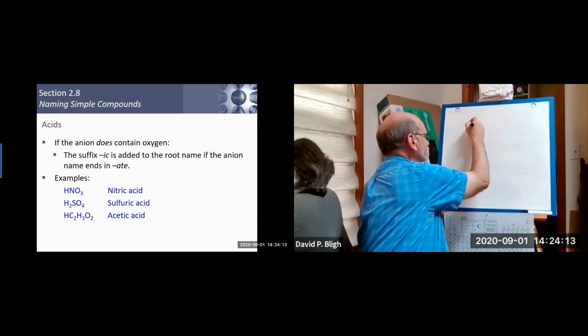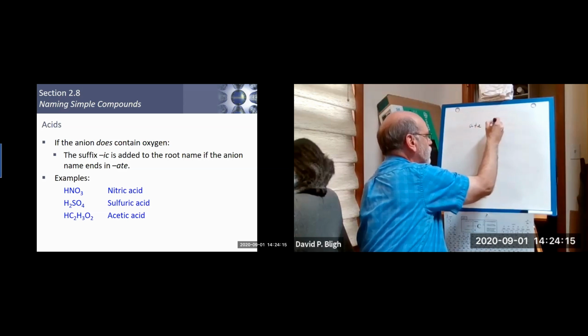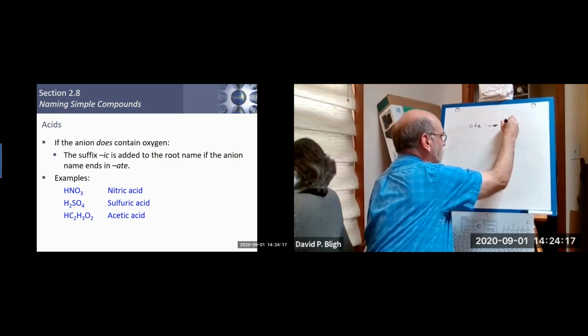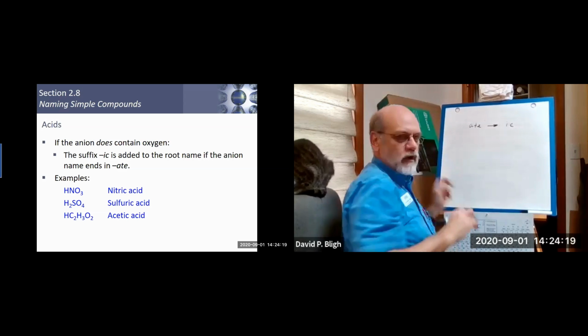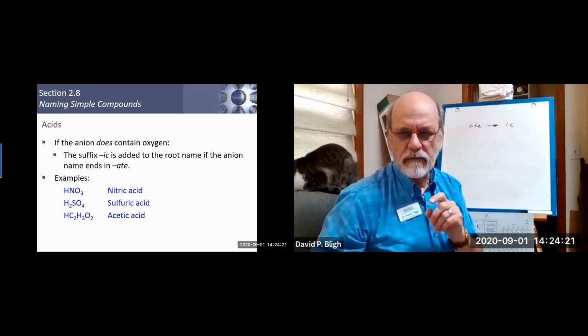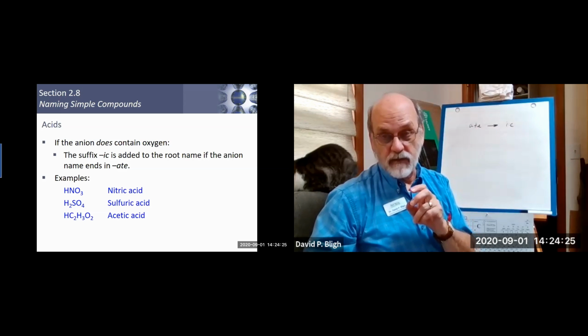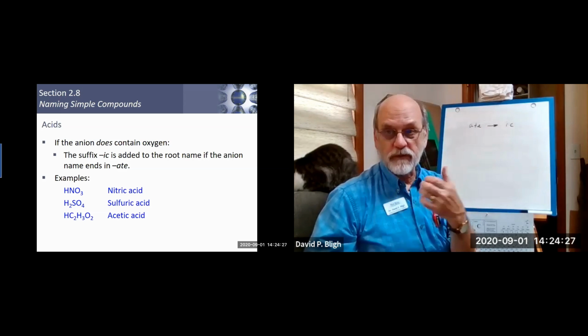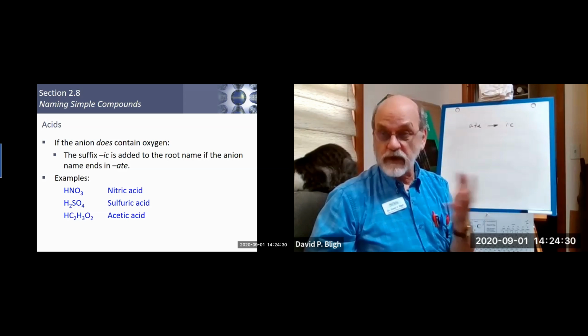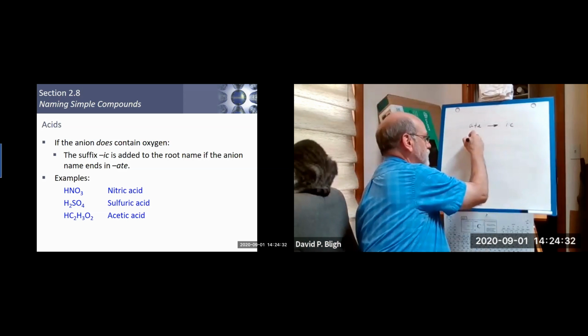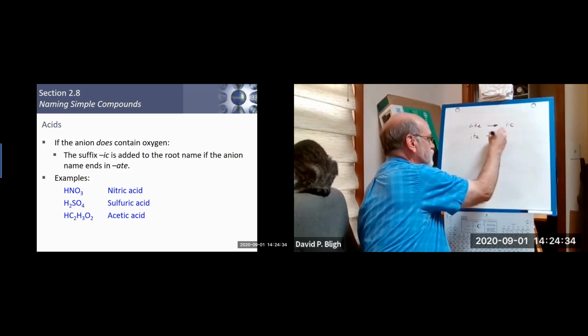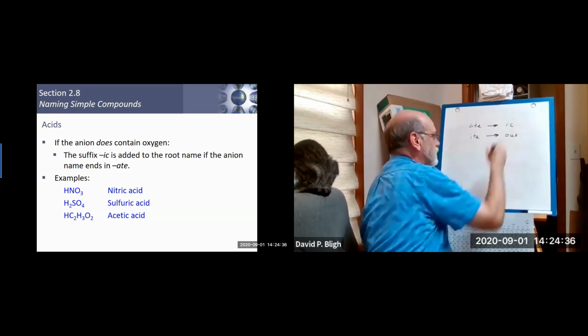So if ates become ics, okay, then what if you have a polyatomic that ends in ite? We do have some like that. So we have sulfate and we have sulfite. Ites become ous.